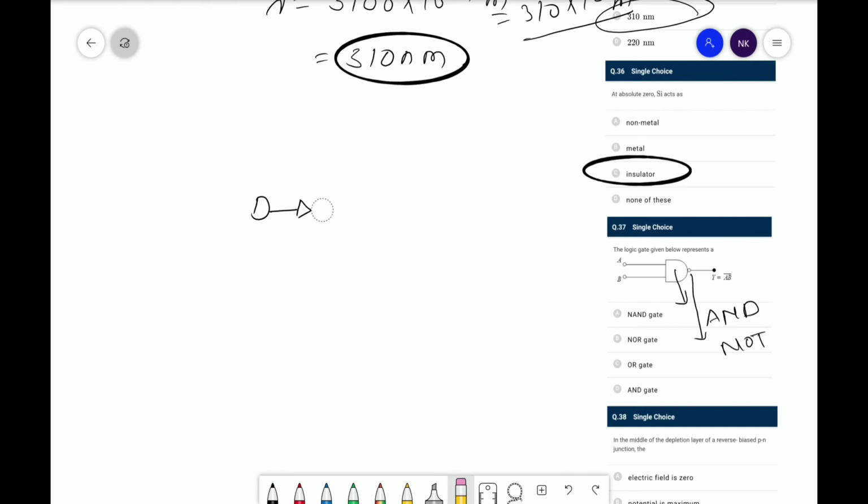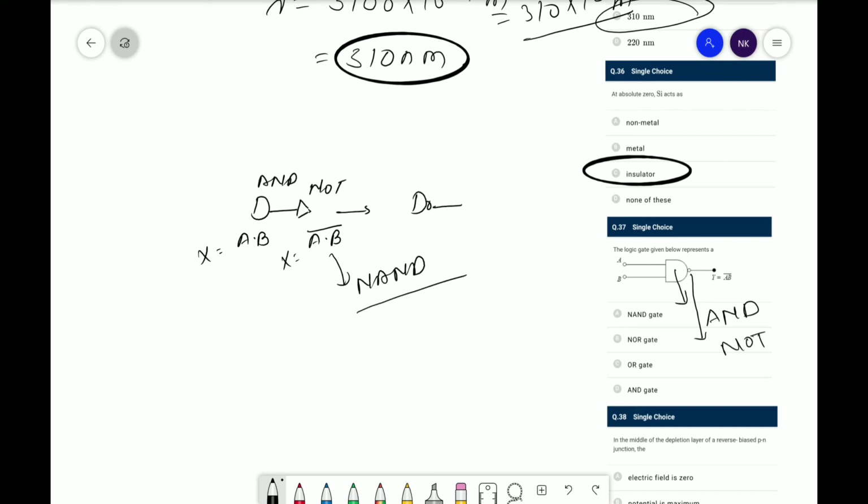The combination of AND and NOT gate will give a NAND gate. Here is A dot B, and due to the NOT gate it will be A dot B bar. Here x is equal to A dot B bar. Hence this one is known as a NAND gate.